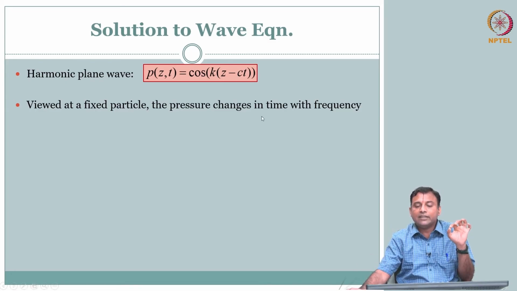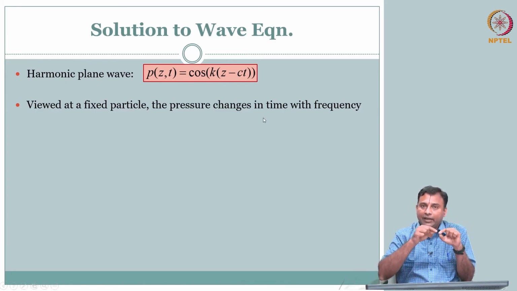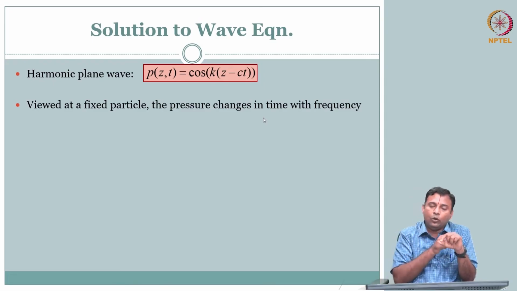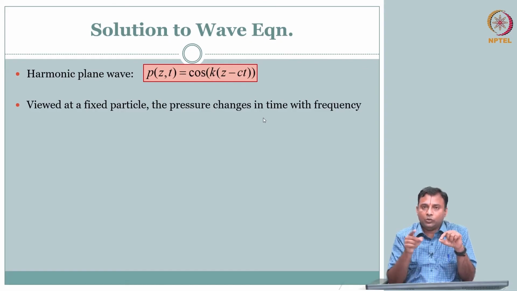The pressure changes in time. We are interested only in compressional waves, so I am moving left and right, back and forth along the direction. If I sit at one particle, I am having compression, high pressure, low pressure; that is what I am experiencing.